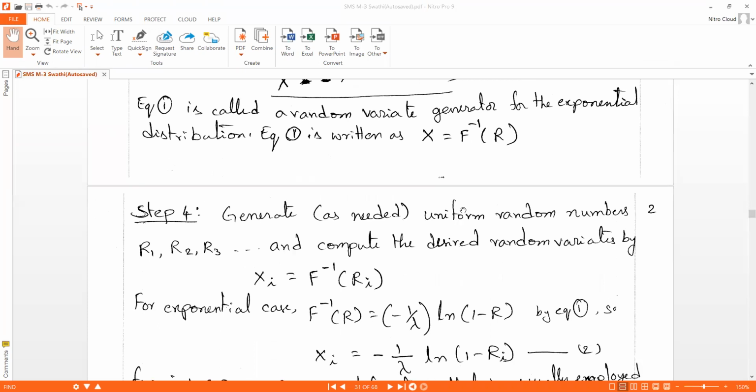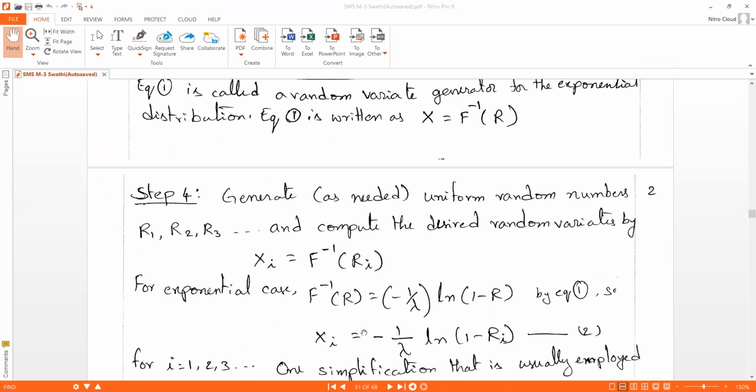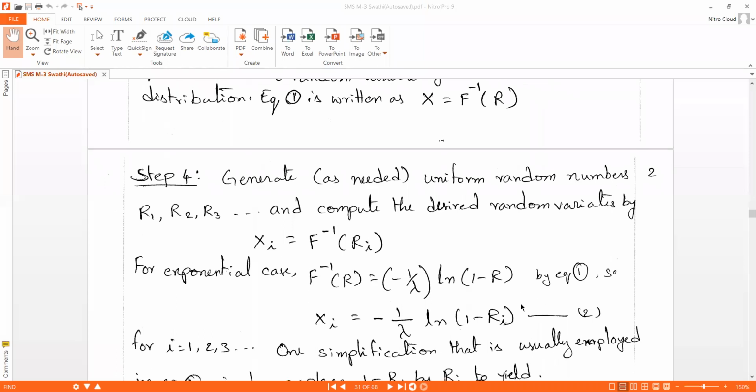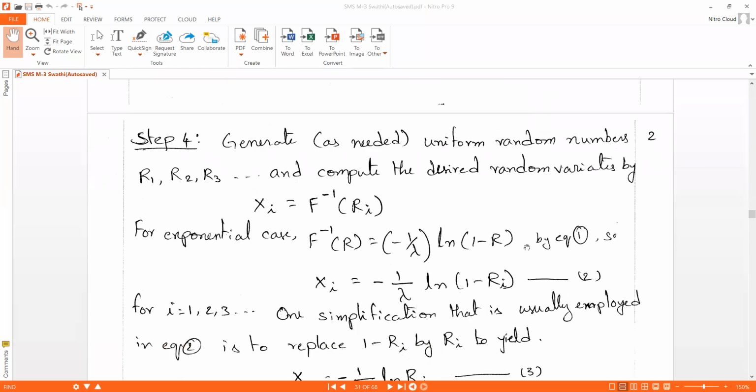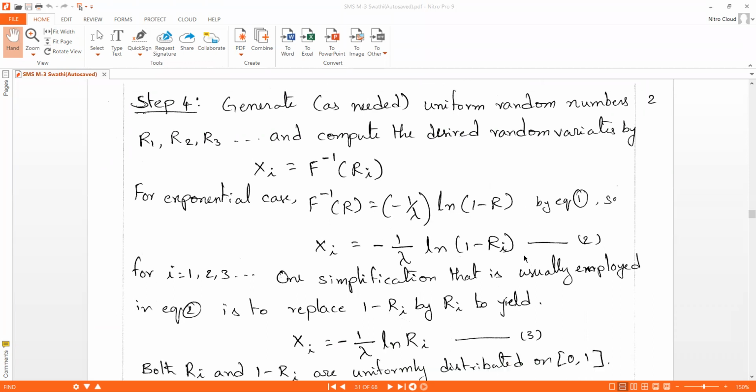So f inverse of ri is equal to minus 1 by lambda into ln of 1 minus ri.